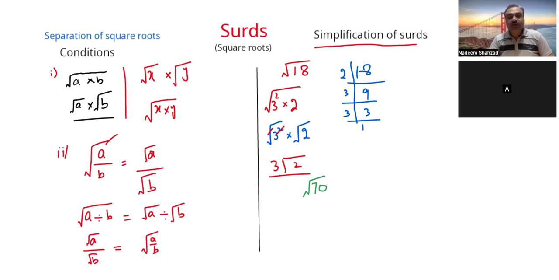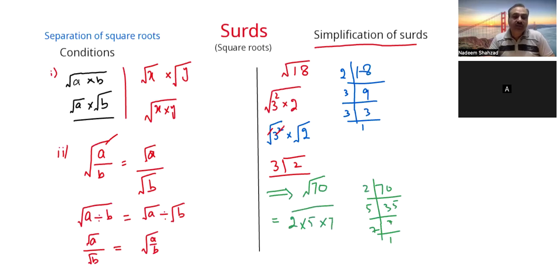Again, we will factorize 70 into its components: 2 times 35, then 5 times 7, and 7 times 1. You can see here, no term is coming twice. So we can just write it as the square root of 2 times 5 times 7. We cannot simplify it further in its surds form because no term is coming in squared form. Is that clear? Okay.